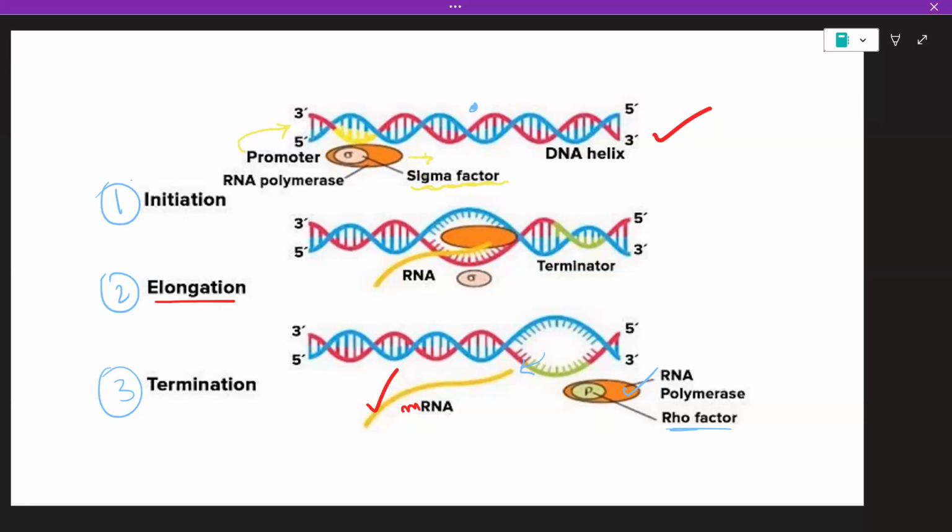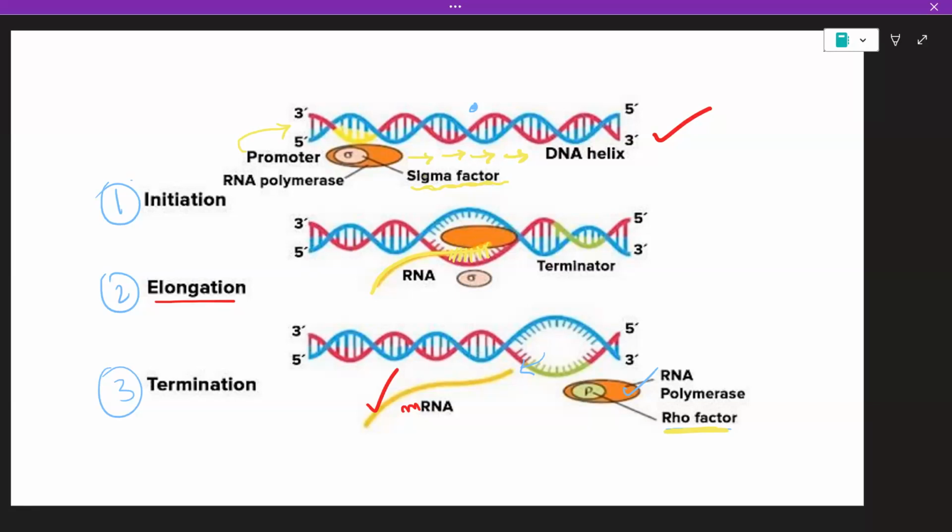Now, slowly, it will start moving towards this side, thereby transcribing the mRNA. Slowly the sequences will be made, matching, and the RNA will be coming out. Then this sigma factor will detach from the RNA polymerase, and the rho factor, which is the termination factor, will attach to the RNA polymerase and thereby end the process of transcription.